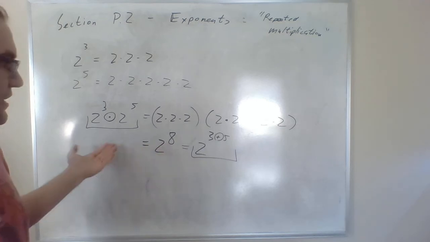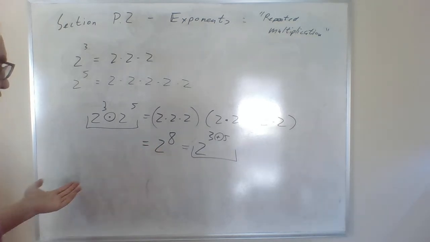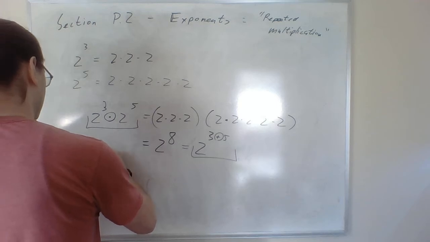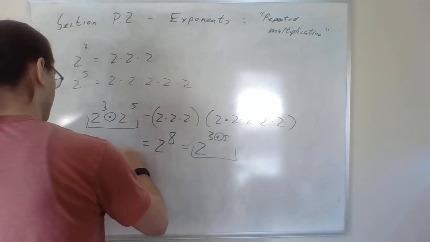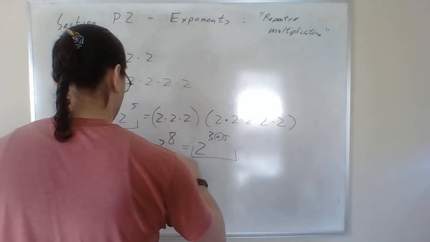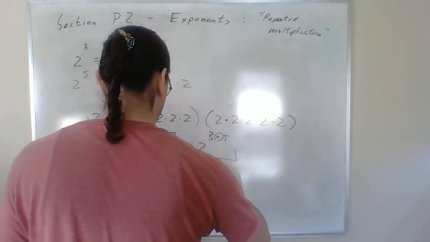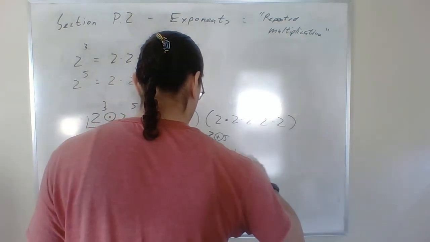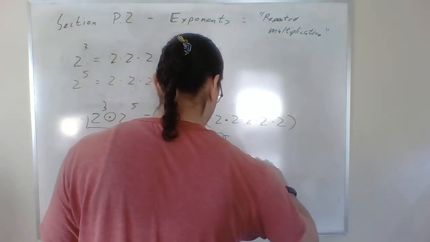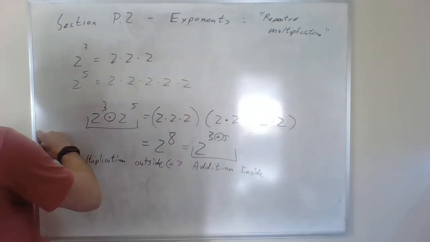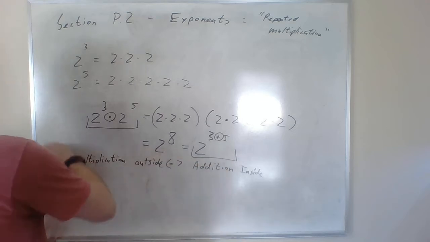This is a property that I like to refer to as multiplication outside is addition inside. This is a property of logarithms, or sorry, this is a property of exponents.